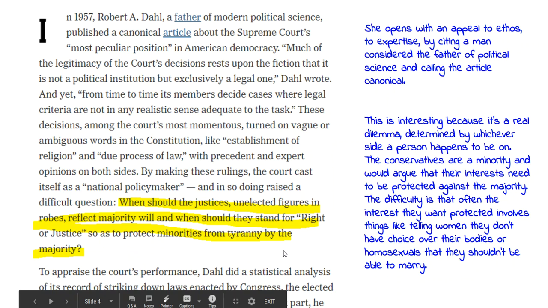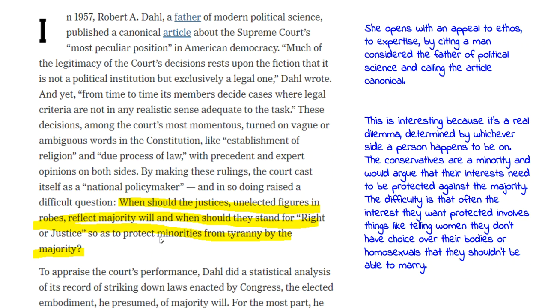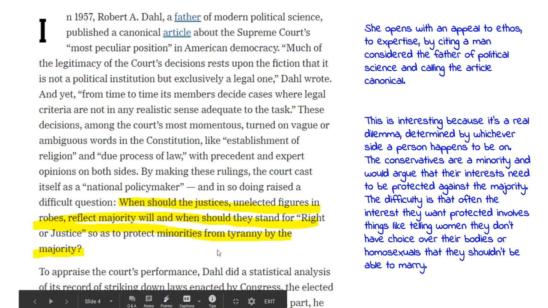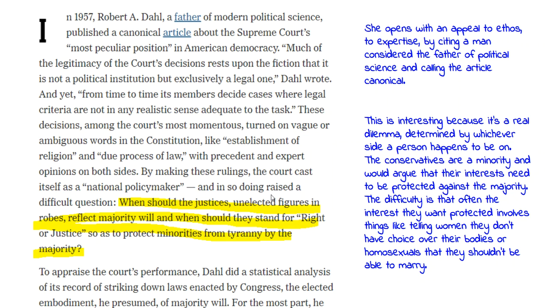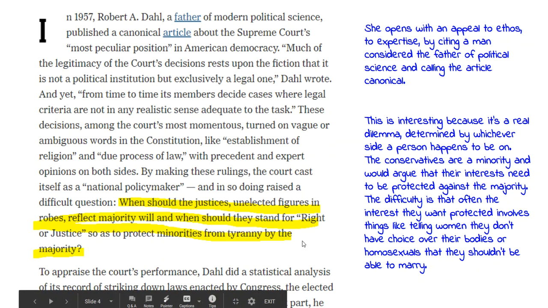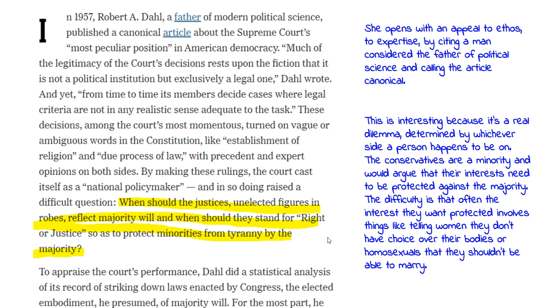And so right now we are on the brink of a Supreme Court that is going to see their role as this one, which is to protect minorities from the tyranny by the majority. But the kinds of tyranny they would be protecting the minorities from are things like a woman's right to choose, homosexual marriage, voting rights, and so it's not a straight shot here.